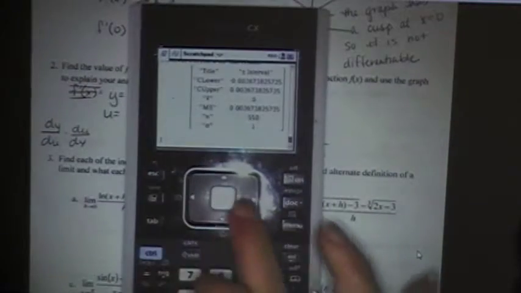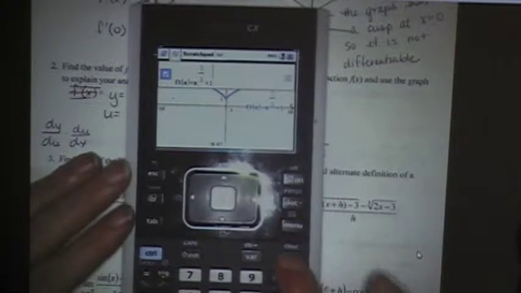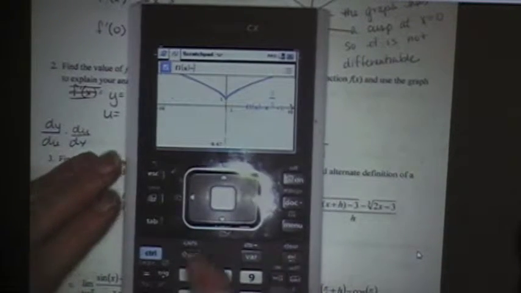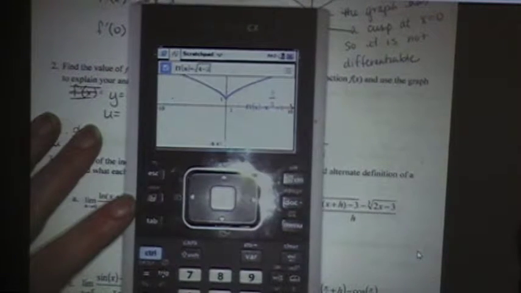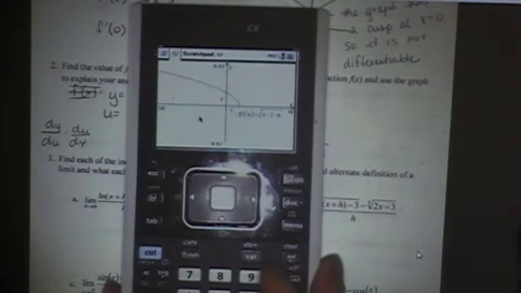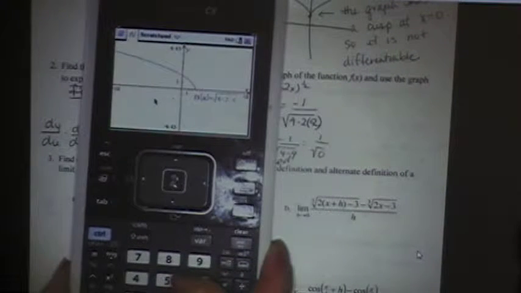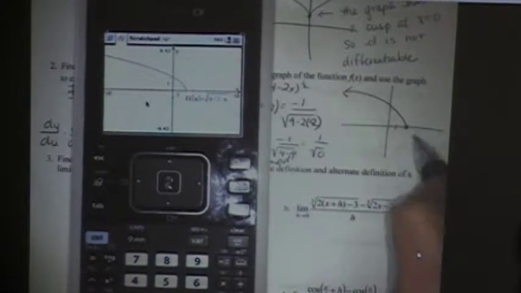So let's plug this one in our calculator and see what it looks like. We know what a square root function looks like. Let's just see what this specific square root function is. So I'm going to plug it in, 4 minus 2x. There it is. Looks like this. At 2 I have an end point. It goes the opposite direction.